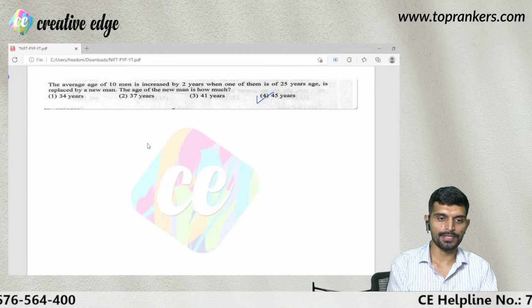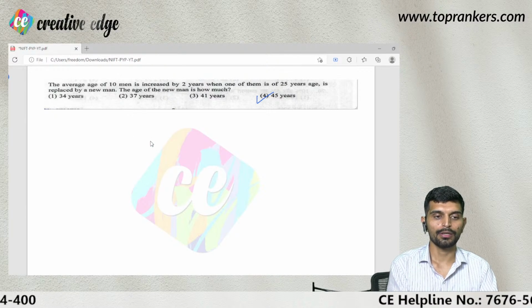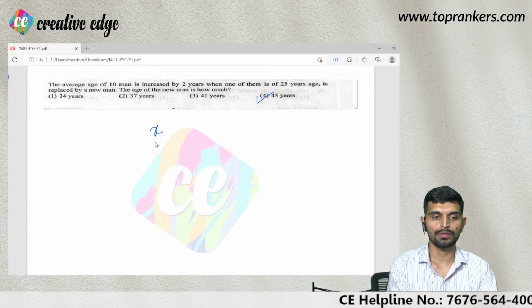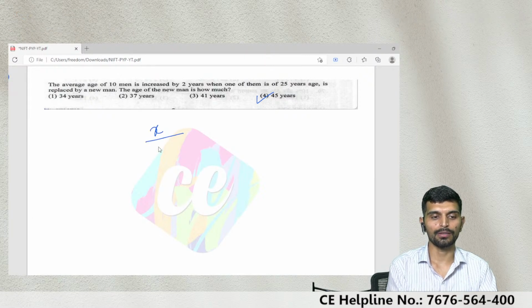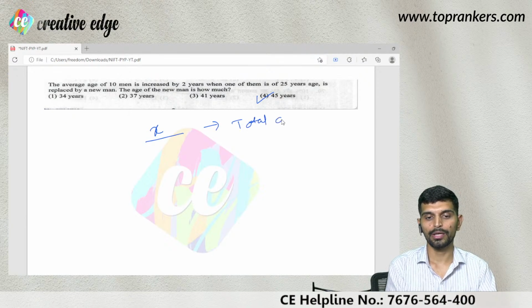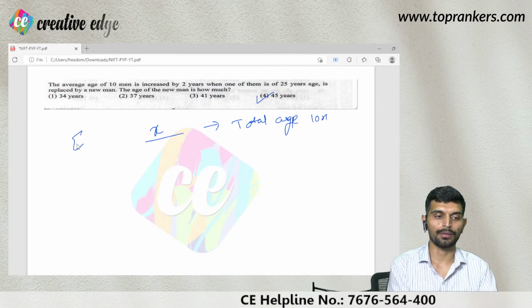If you are not able to understand it this way, then let me help you out, right? Say earlier average age was x, so for a total of 10 men, the total age earlier is 10x.